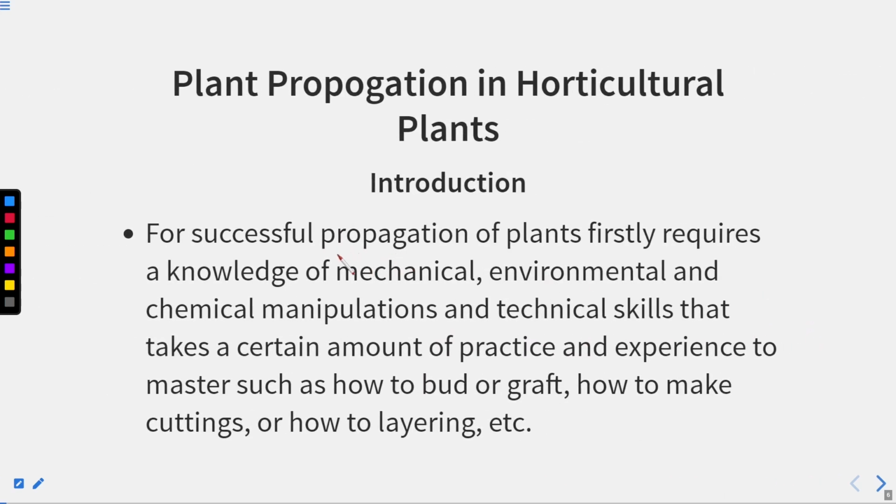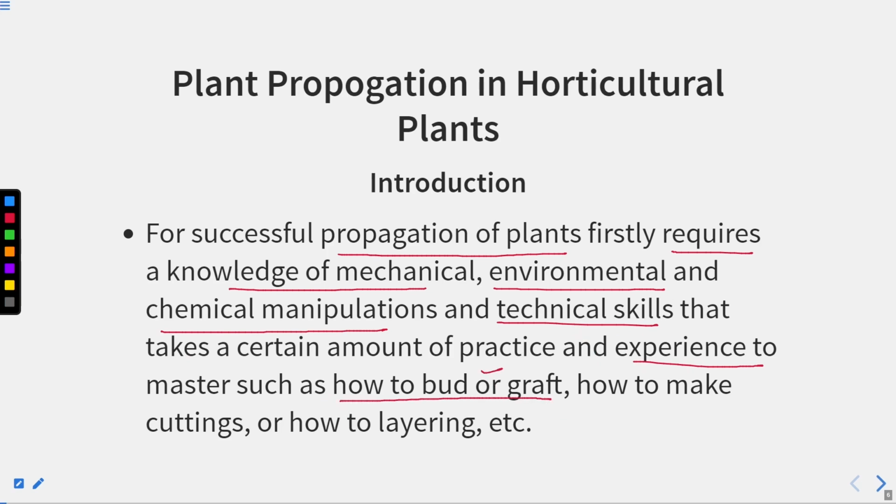Successful propagation of plants first requires a knowledge of mechanical, environmental and chemical manipulation, and technical skill that takes a certain amount of practice and experience to master, such as how to bud or graft, how to make cuttings, or how to do layerings.